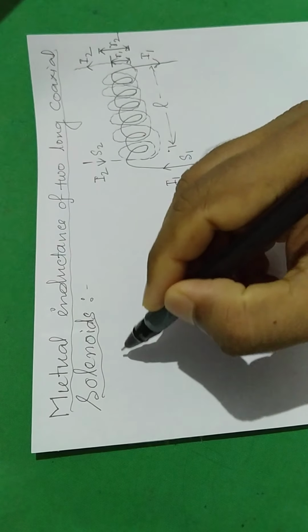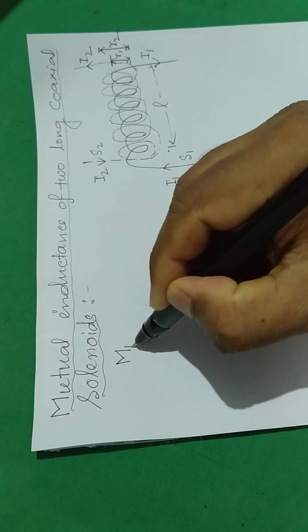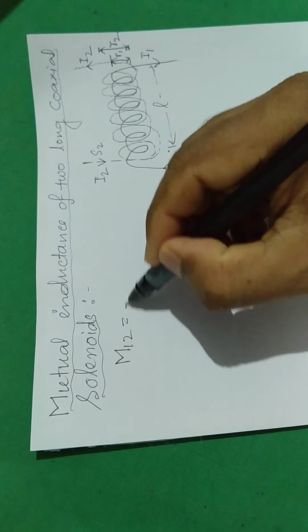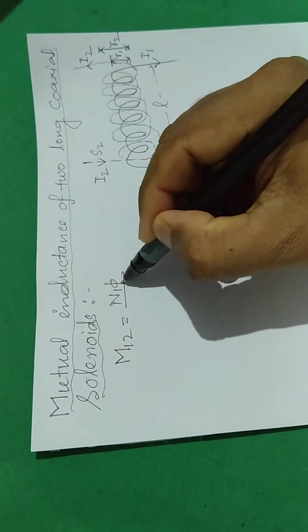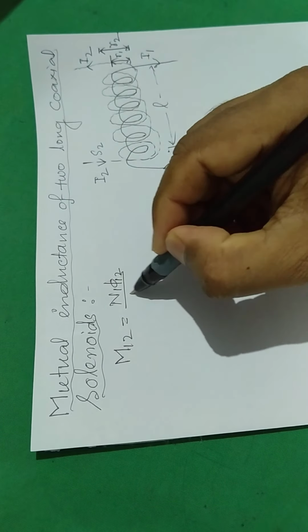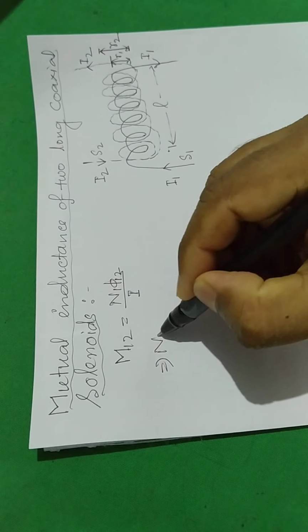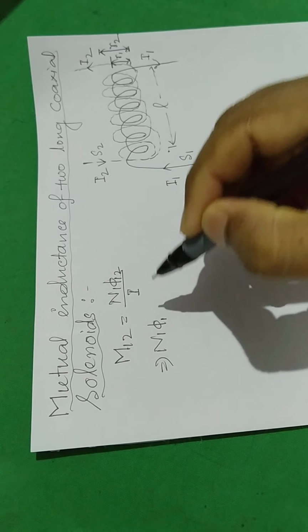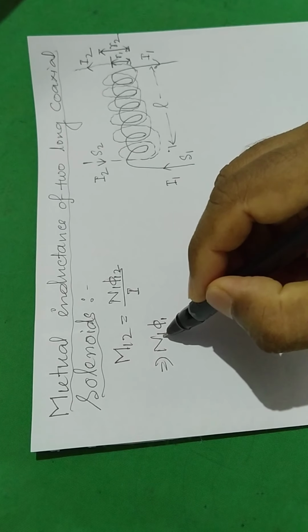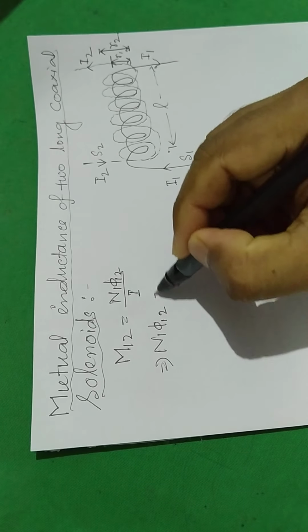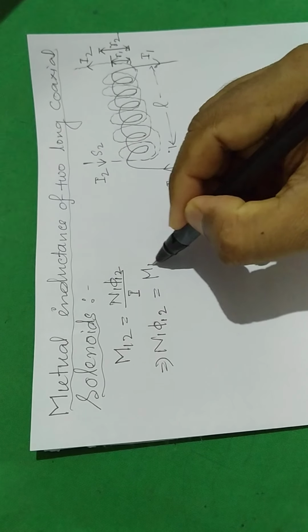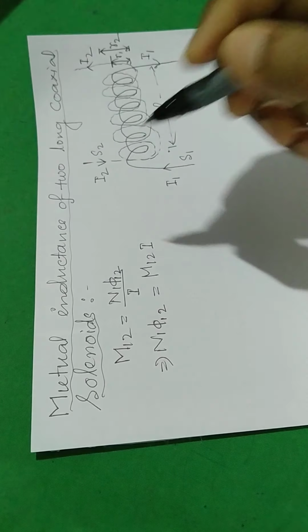Mathematically, we can write M12 equal to N1 phi 12 by I. Therefore, N1 phi 12 equal to M12 I.